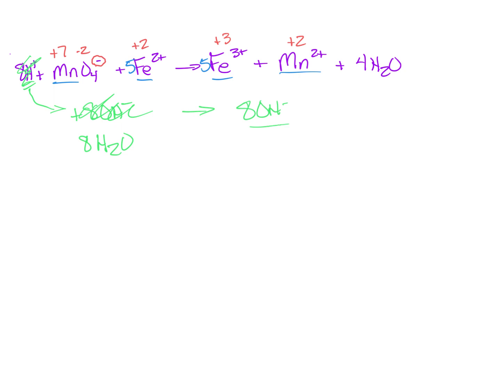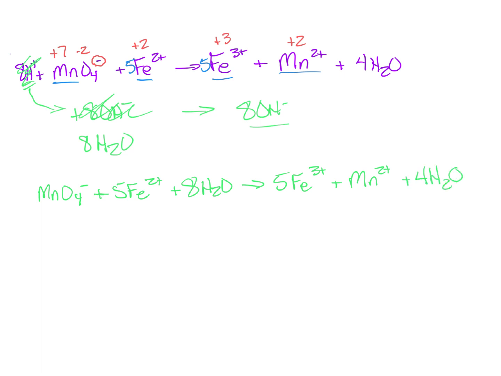So if we are going to rewrite this reaction, I have permanganate plus 5 Fe2+ plus 8 waters. On the other side, on my right side, I have 5 Fe3+ plus 1 Mn2+ plus 4 waters.